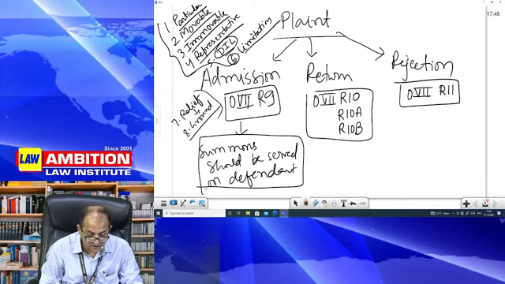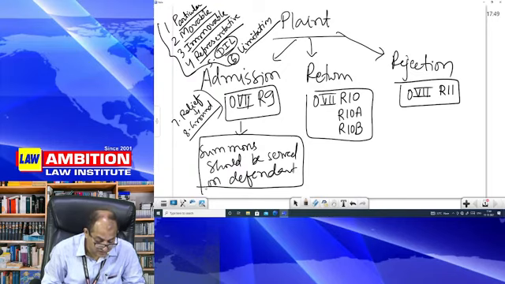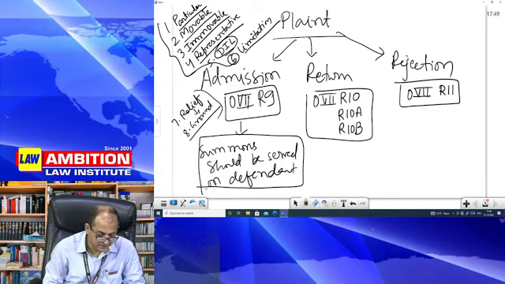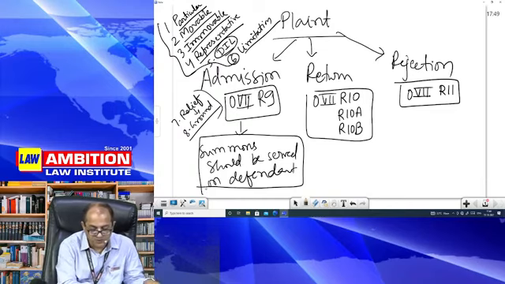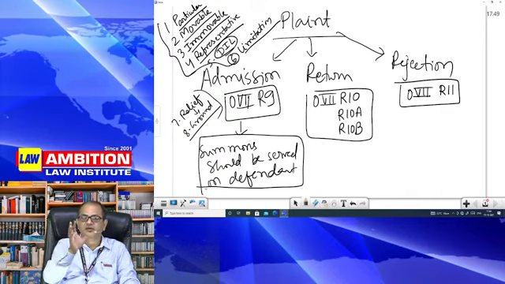Where the defendant resides within the jurisdiction of the court in which the suit is instituted, or has an agent resident within that jurisdiction who is empowered to accept the service, the summons shall, unless the court otherwise directs, be delivered or sent either to the proper officer to be served by him or one of his subordinates. So we will see how the court will get this summons served. Obviously the purpose is that the summons should be served on the defendant. How it will be served, we will know later on.